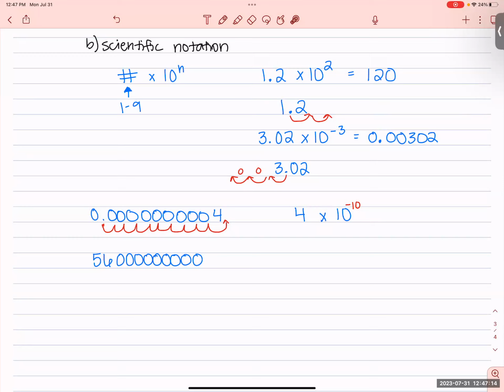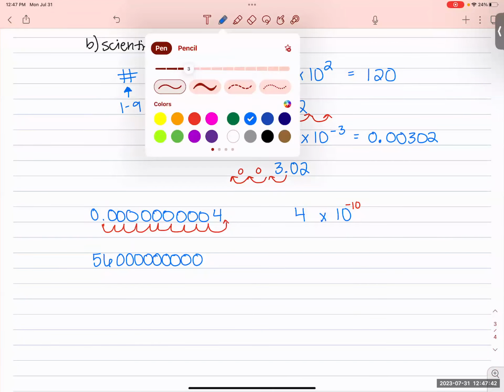For me personally, if you have a 4 as your exponent, +4 or -4, you probably need to start turning it into scientific notation. It probably has too many zeros. So 4 is kind of a good cutoff. 3 is understandable. You can usually get away with 3 as not being too many zeros in the front or in the end here. But if you have 4, it's probably getting close to deciding to make it scientific notation.